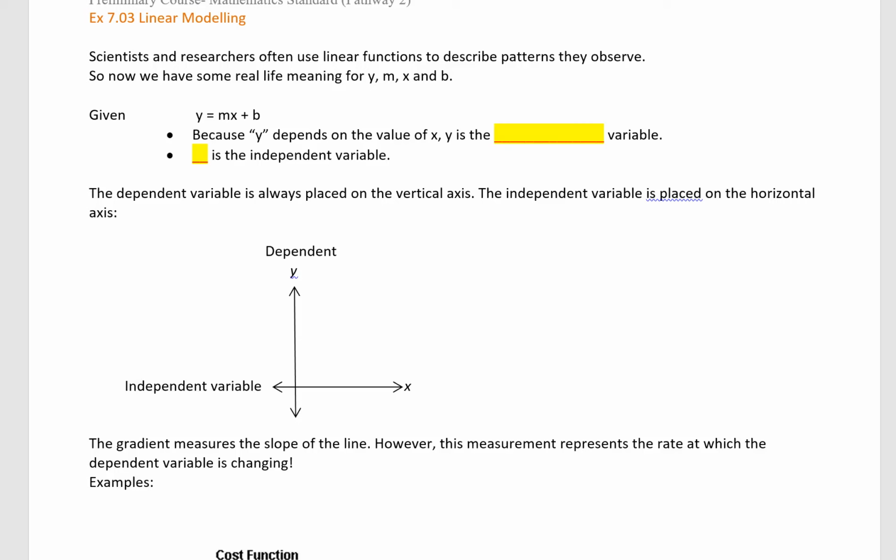In 703, we're going to have a look at what we call linear modelling, which just means we're now applying those mathematical concepts that we learnt about the linear function in a real life situation.